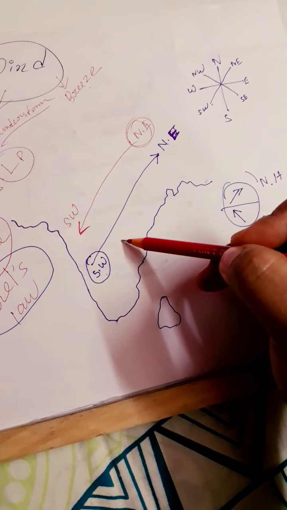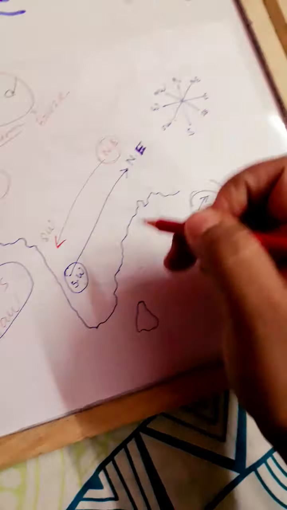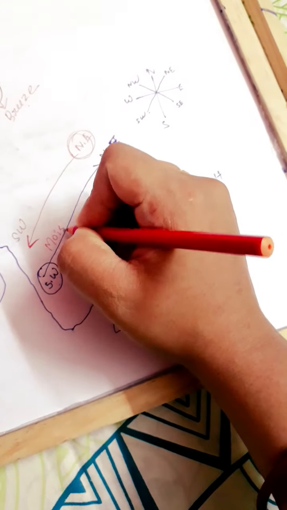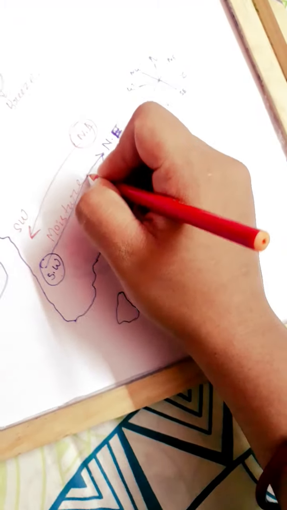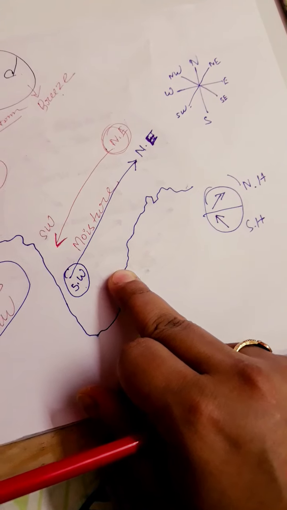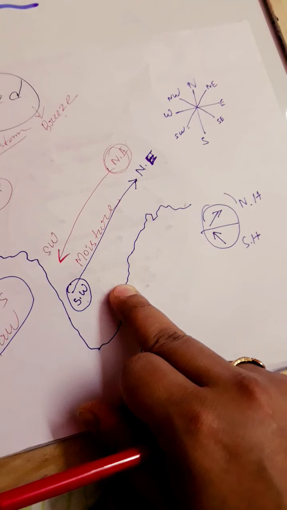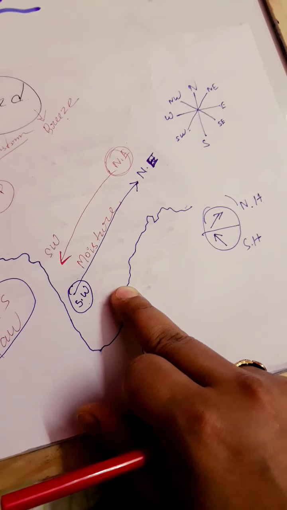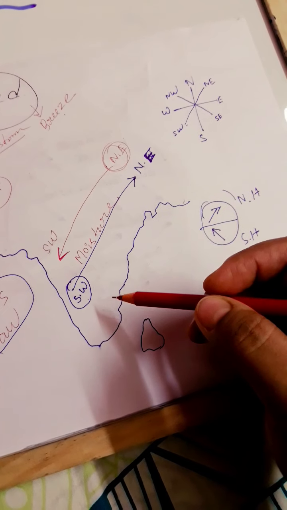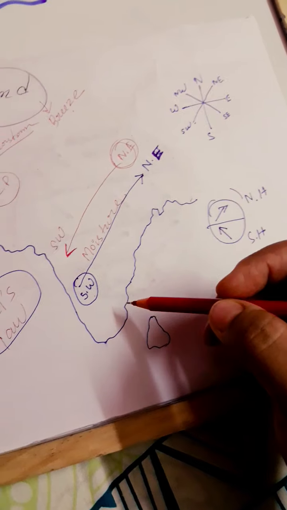These winds pick up copious amounts of moisture. Copious means a large amount. This wind is full of moisture as it blows over the Indian Ocean. When these rain-bearing monsoon winds reach the Indian subcontinent, they bring heavy rainfall to most parts of the country and to several parts of Southeast Asia and southern China.